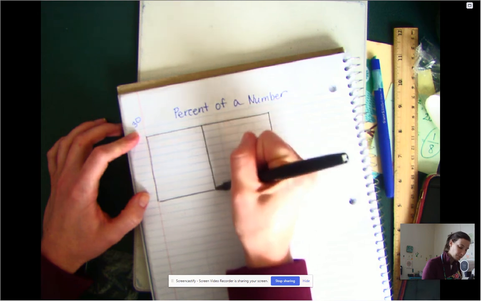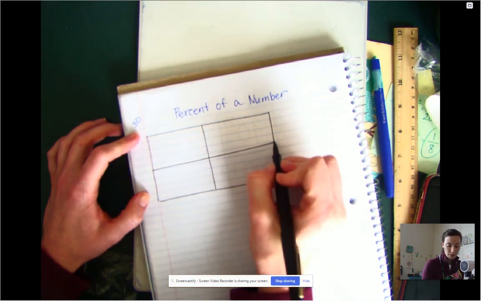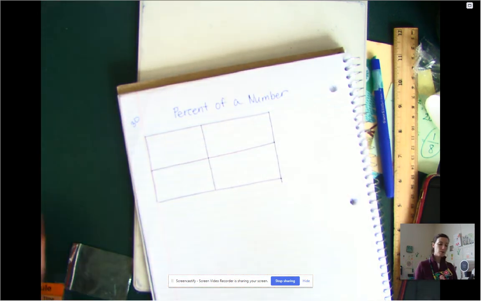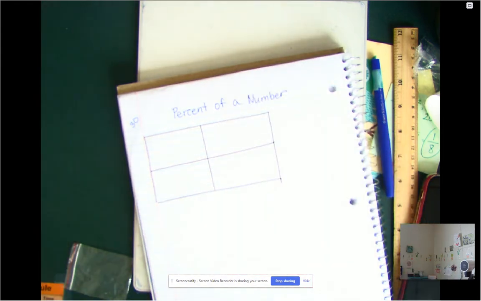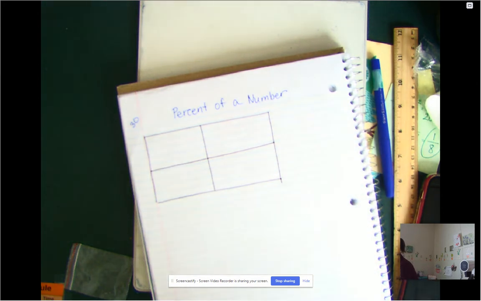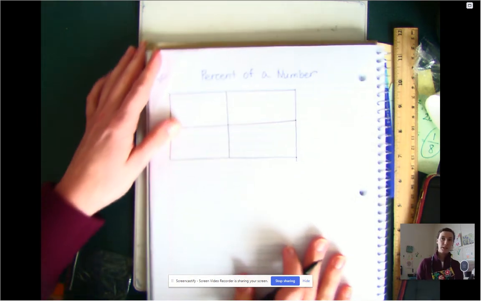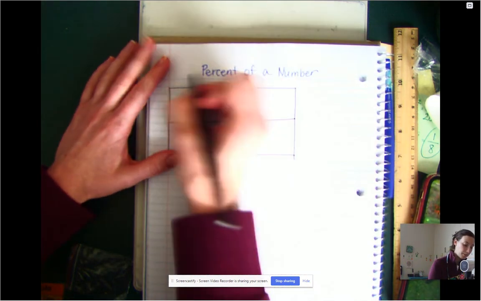Okay. Let's say we want to know, I'm going to quick look at your packet for an example because I'm having trouble thinking of a problem. Okay. How about 15% of 85?